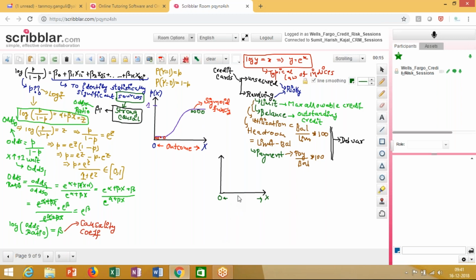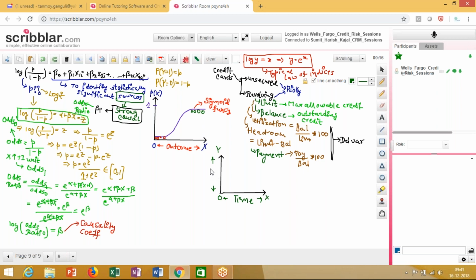So on a month-on-month basis, you are plotting the utilization and you are plotting the willingness to pay. This is time over here, right?